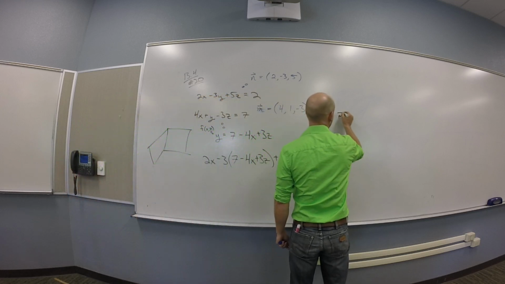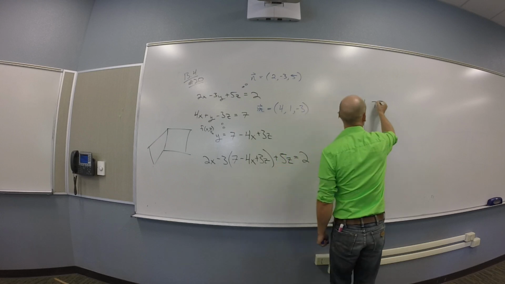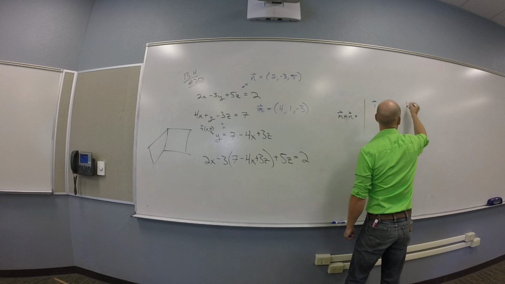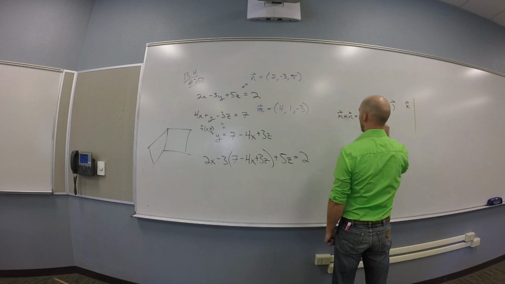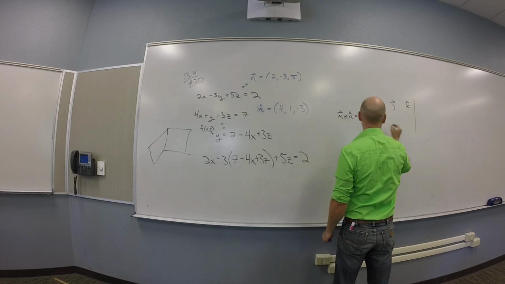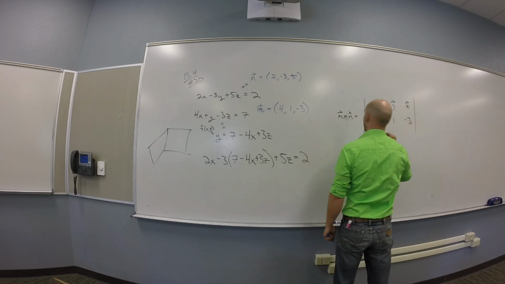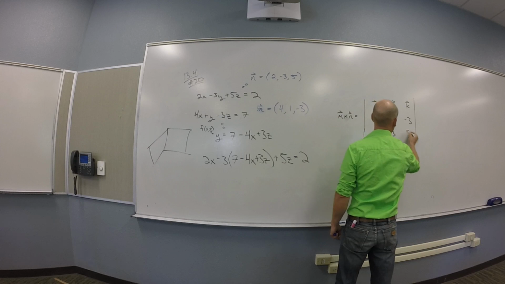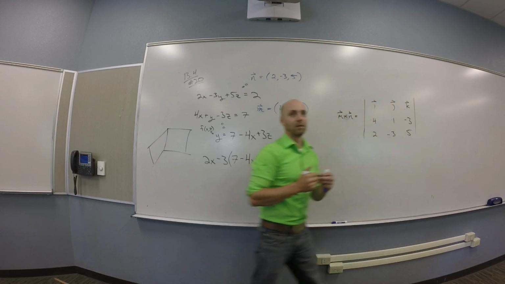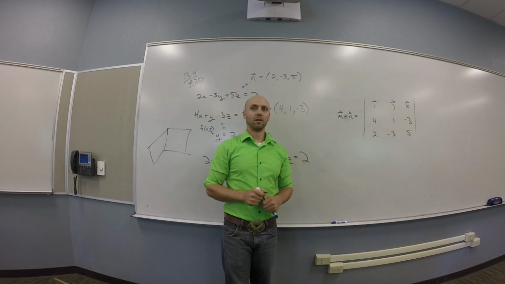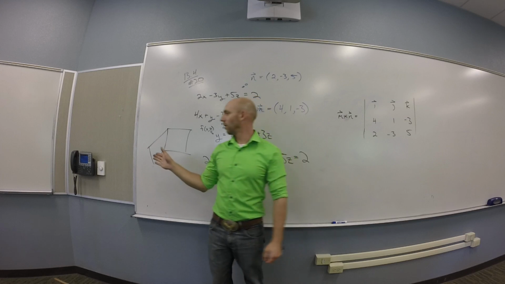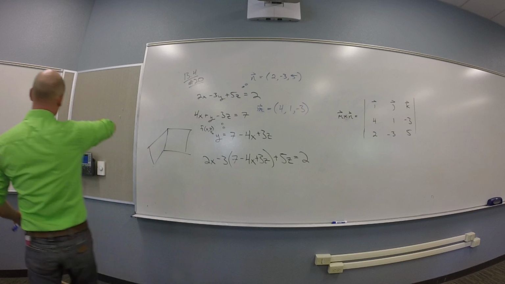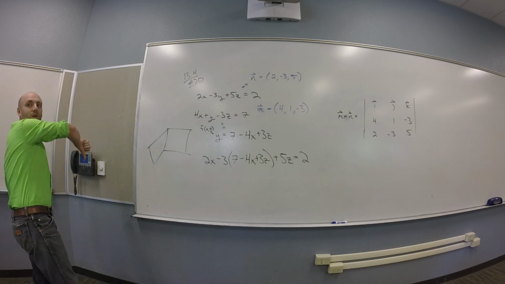Right, so I want to calculate m crossed with n. And that's going to be, put your i, your j, and your k. Oh, and I said m crossed with n. Does that make any difference at all? It changes whether it's positive or negative, but that's it. They end up being both parallel to each other. If I do m crossed with n, I'll get one pointed that way.